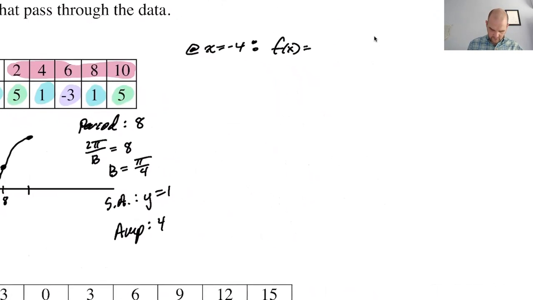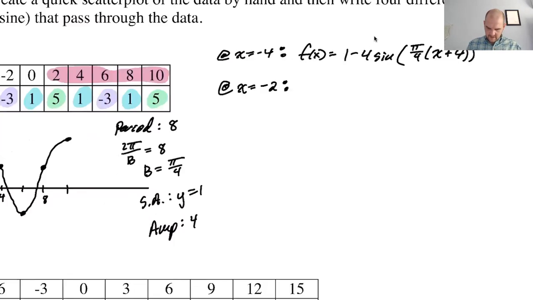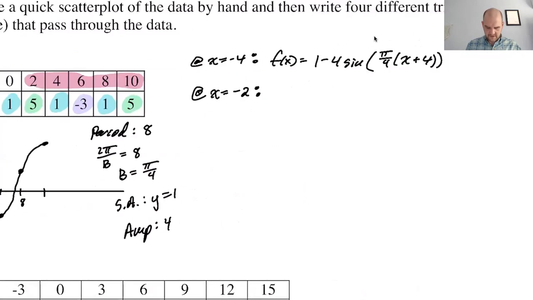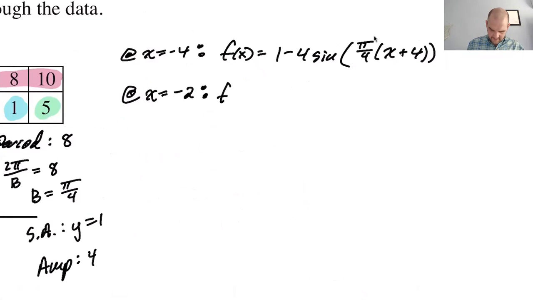So let's do 1 minus 4 sine of pi over 4 times x minus -4, so plus 4. All right, move over to -2, which should take me to negative cosine, and it does. So that makes sense to me, because I was thinking that would happen. So f of x is 1 minus 4 cosine.